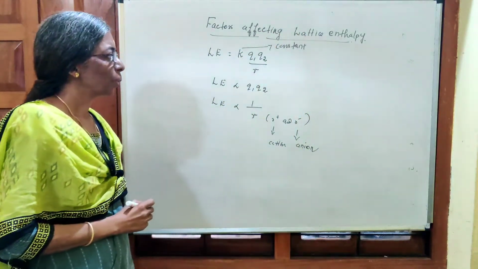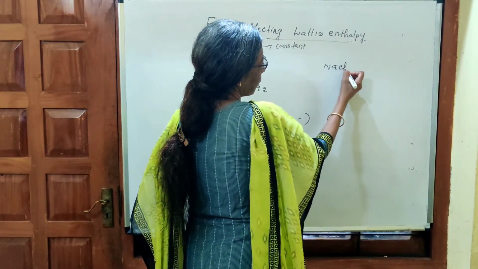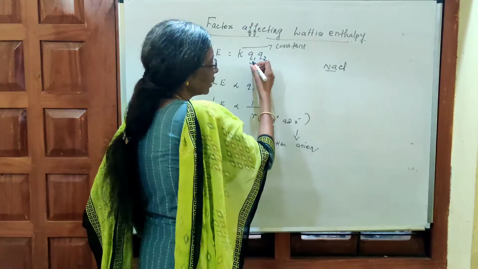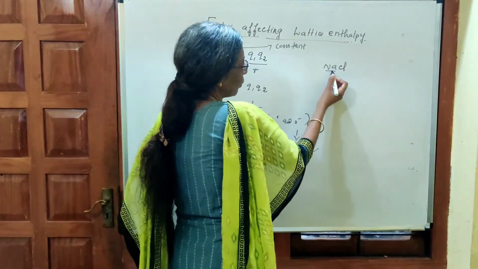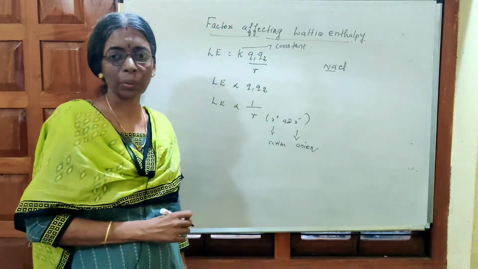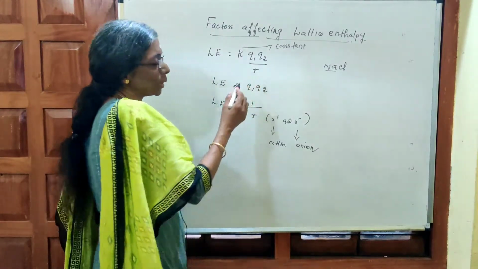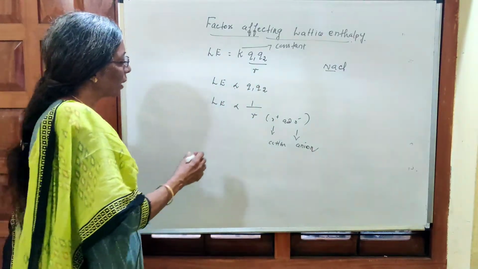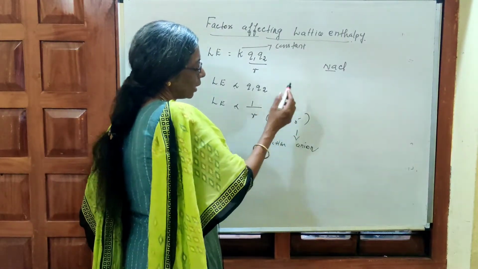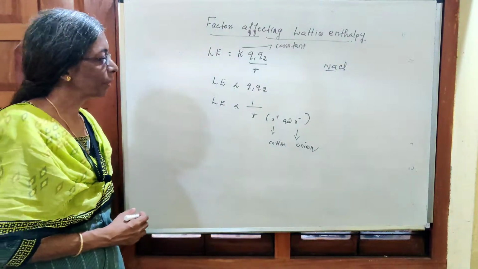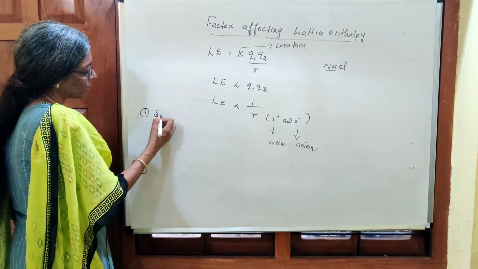Q1, Q2, take for example NaCl, the charge of cation and charge of anion. Then R is the radius of anion and radius of cation. So lattice energy is directly proportional to Q1 into Q2, and inversely proportional to R. Okay, so the first factor is size of ions.